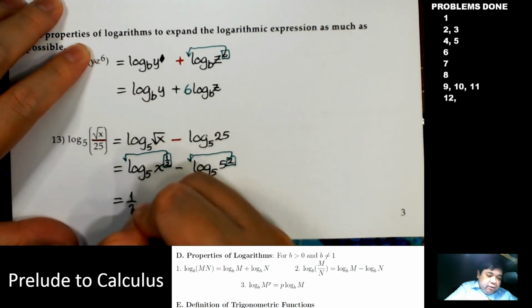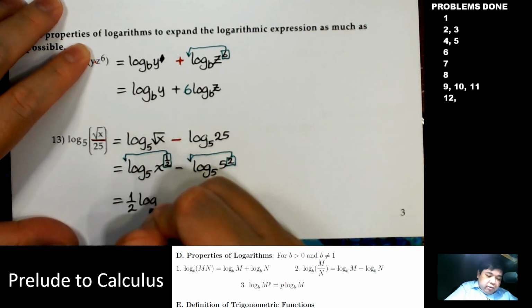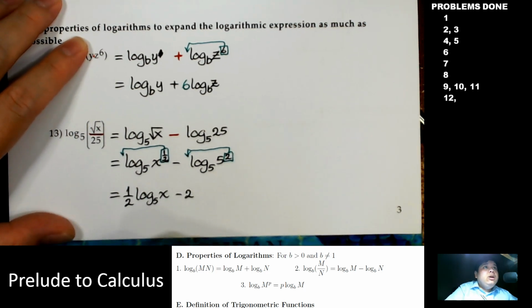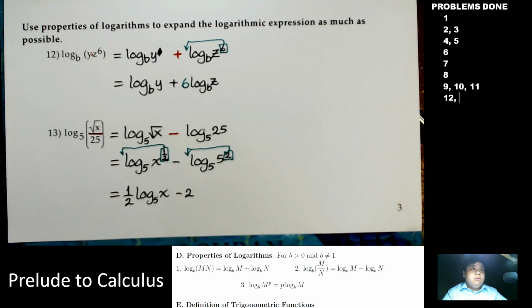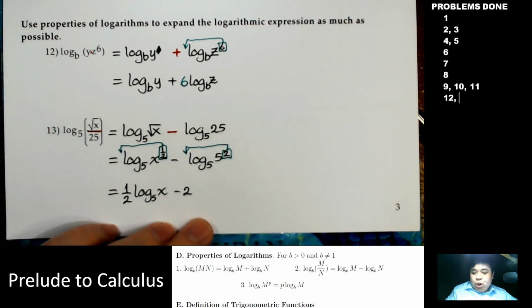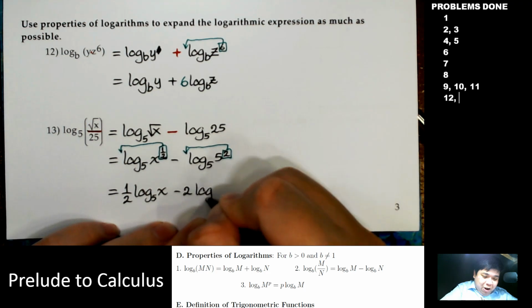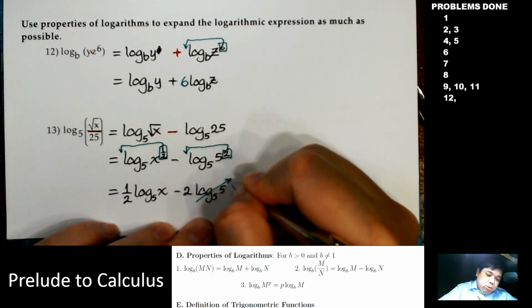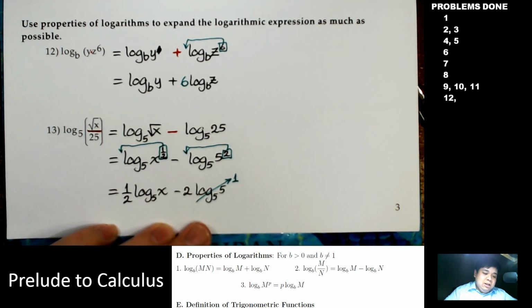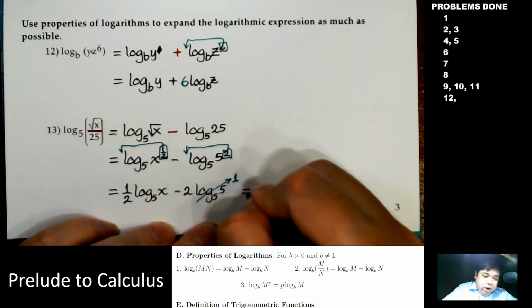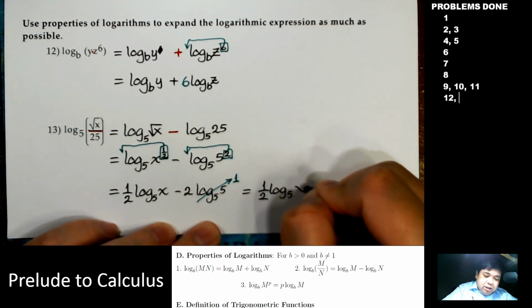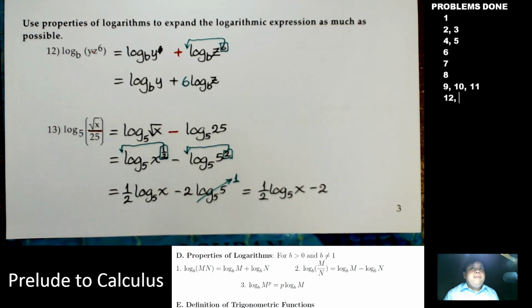So we have 1/2 log base 5 of x minus 2, just minus 2. Because we have log base 5 of 5, this will be equal to 1. So pretty much we have 1/2 log base 5 of x minus 2. Right. So that was 13.